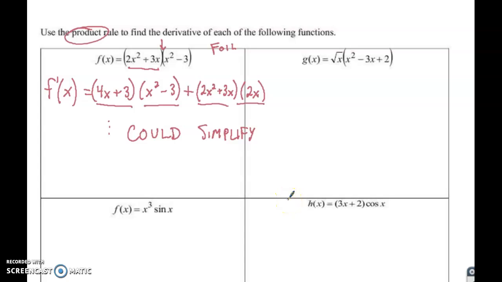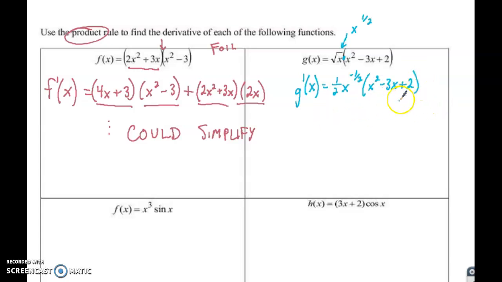And you probably already noticed on the next problem how they point out how the square root of x, as a reminder, is to the 1/2 power. And so when you identify that product is right here and you find the derivative, it makes perfect sense that the first derivative is 1/2 x to the negative 1/2 power. Leave x squared minus 3x plus 2 alone.